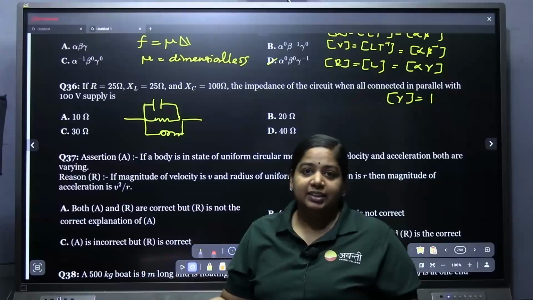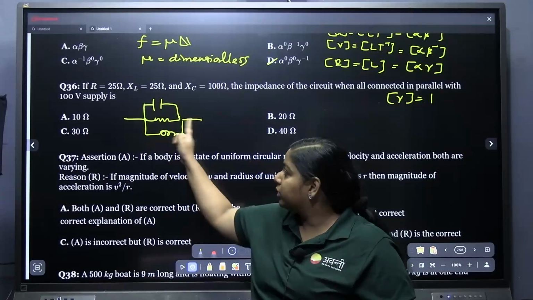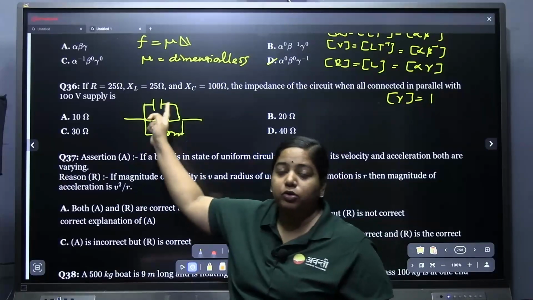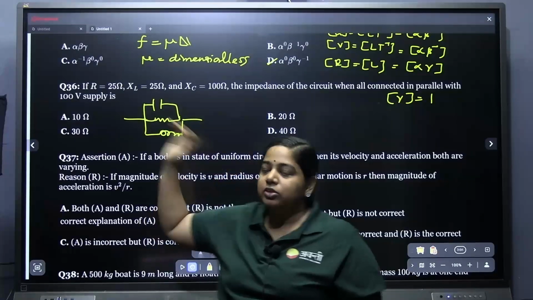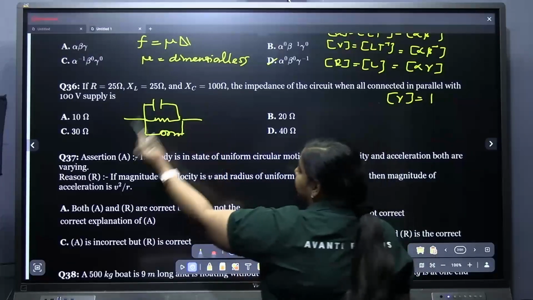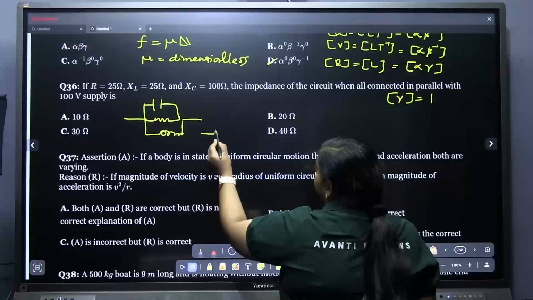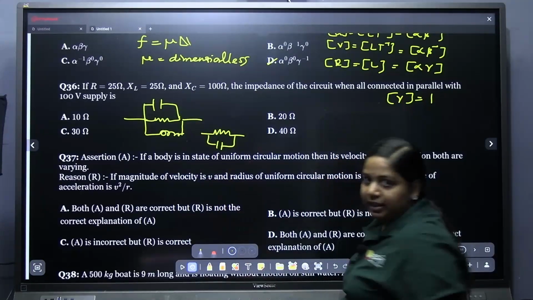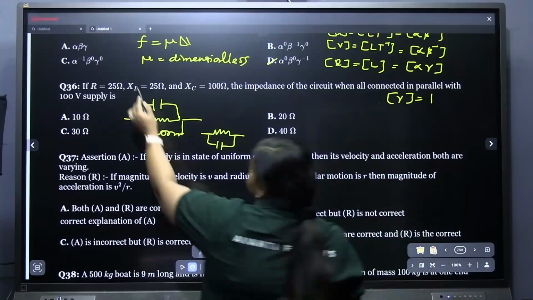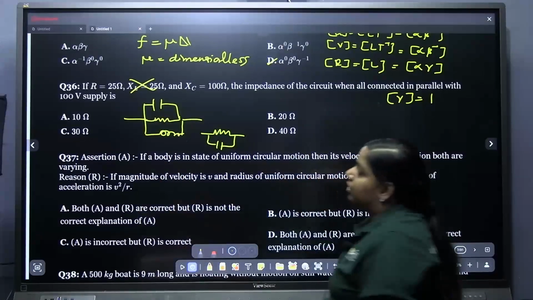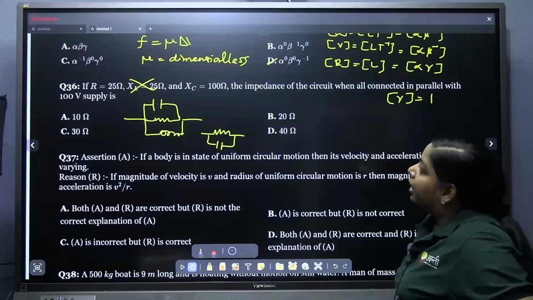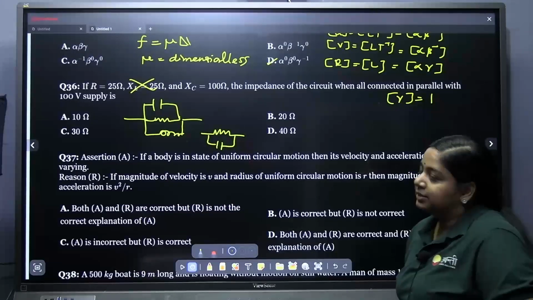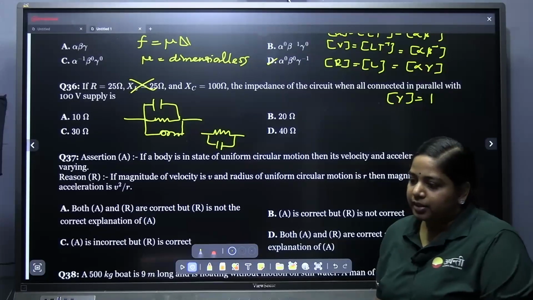If it is DC, it will always go through the resistor and inductor only. It will not go through the capacitor. So since it is AC, we can assume that only R and capacitor are there. So XL you don't have to consider. 1 by R plus 1 by XC only you have to find.